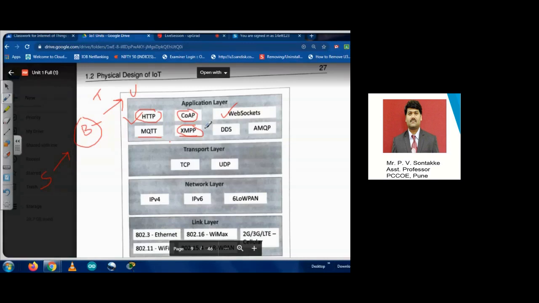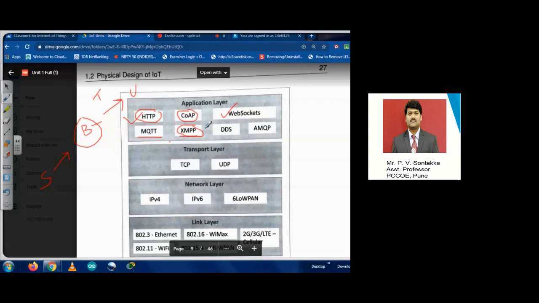Remote location games. If I want to play games online with my friend, I can use this particular protocol. It's a very fast and lightweight protocol. Or for multi-party chat, voice, or video, I can use this XMPP protocol. So how does it actually work? I think you might be aware of XML, the Extensible Markup Language.